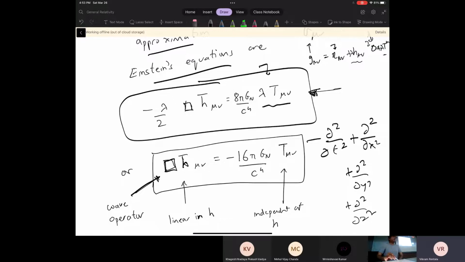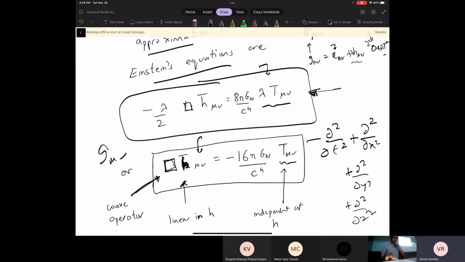The wave operator acting on h bar mu nu is equal to minus 16 pi G_N over c to the 4 times t mu nu. So it's a tensor equation. It's a tensor in the sense of special relativity now. It's not a tensor of general relativity, where G mu nu is a tensor. This is a tensor in a Minkowski background. We'll show how h mu nu transforms.